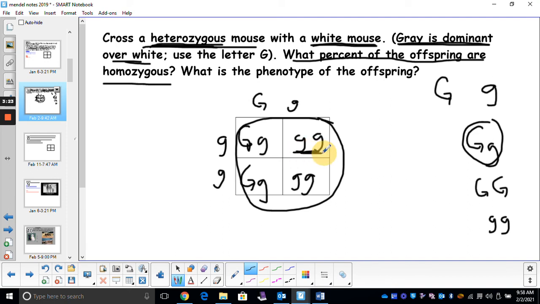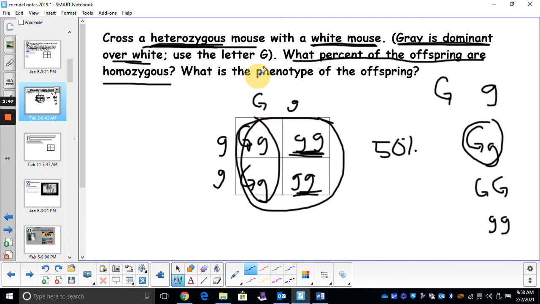Well, they're the same. They're the same. So 2 out of 4. These are different over here. So we got 2 are homozygous out of 4. That would be 50% of the babies or offspring are homozygous. So that means 50% is heterozygous.